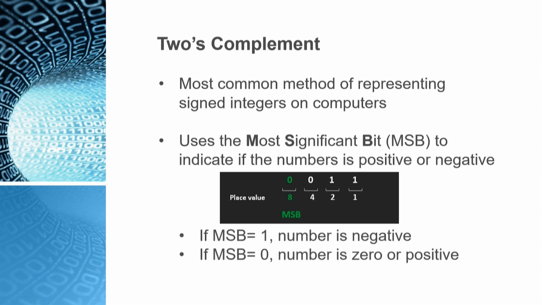When the most significant bit is 1, the number is signed as negative. If the leftmost bit is 0, then the number is either 0 or a positive integer. In the given example, the most significant bit is the 4th bit. Since it is 0, the number is considered to be positive.